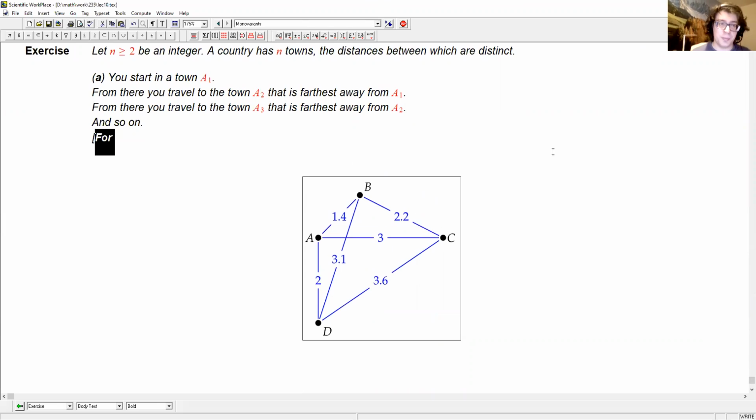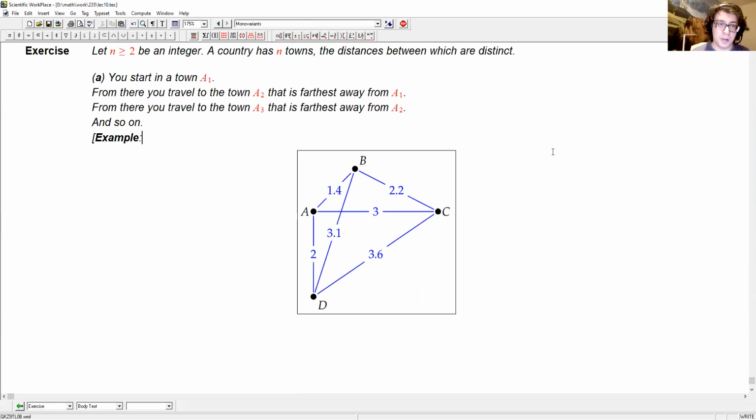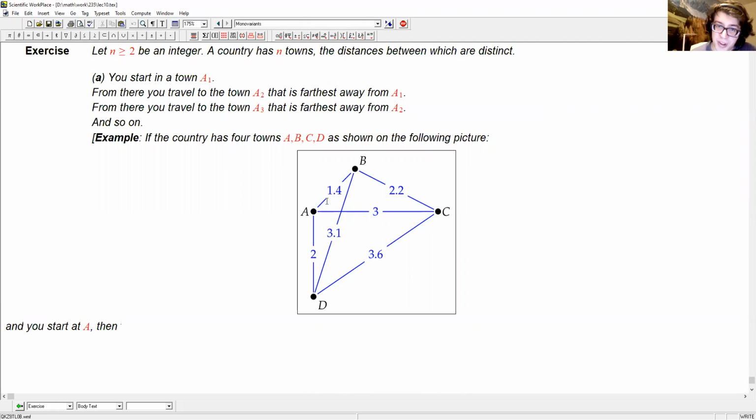For example, if the country has 4 towns, A, B, C, D, as shown on the following picture, and you start at A, then where do you go? The possibilities are B, C, and D, but B is pretty close. D is further away, but still not as far as you want. C is the farthest away town, so you go to C.